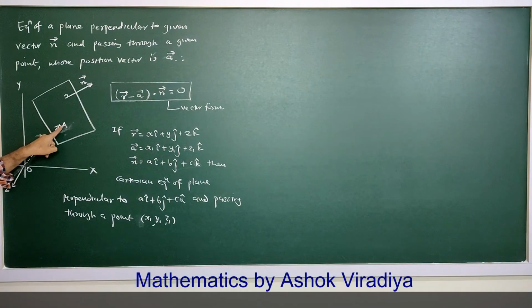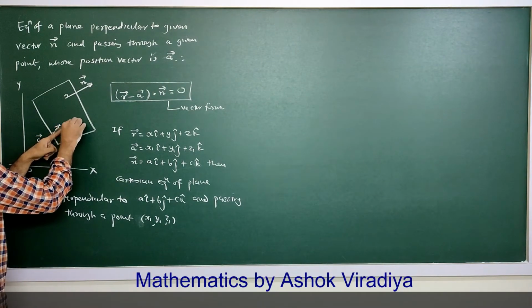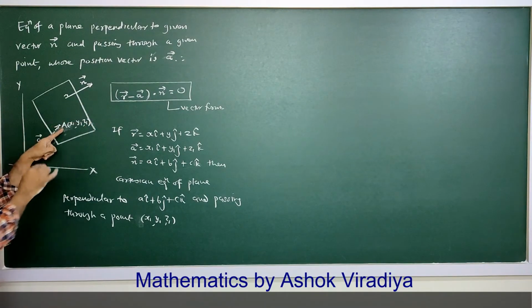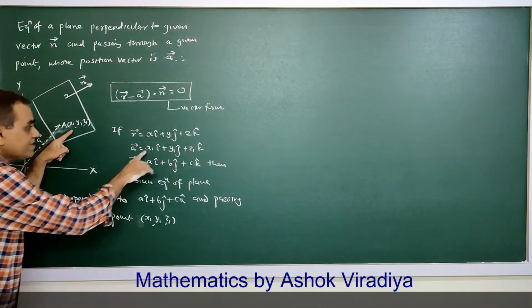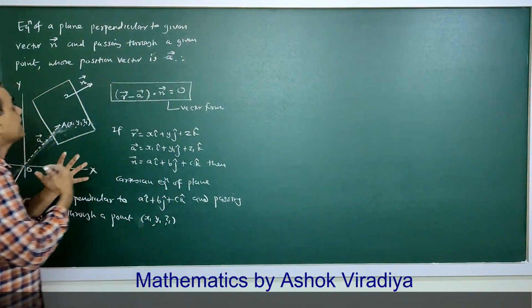If coordinates of A are x1, y1, z1, then position vector of this point will be x1i plus y1j plus z1k.